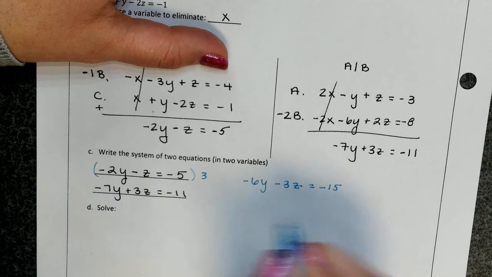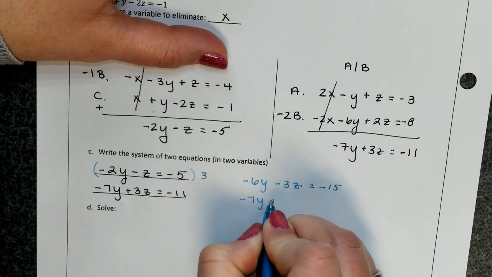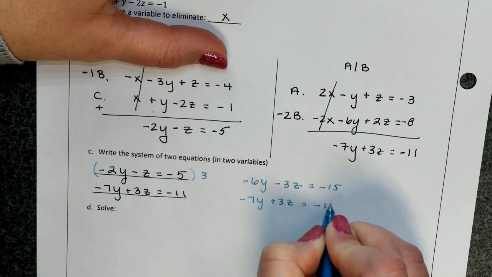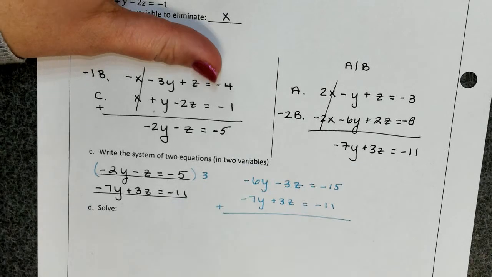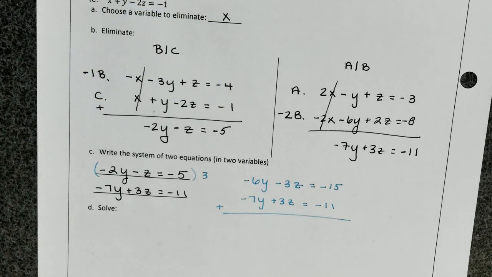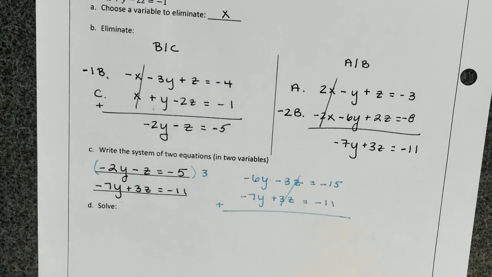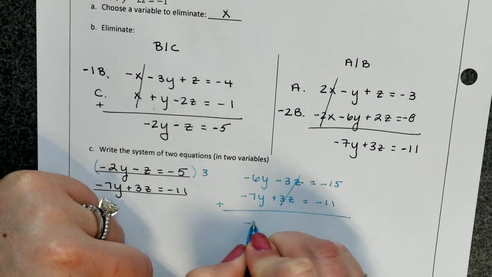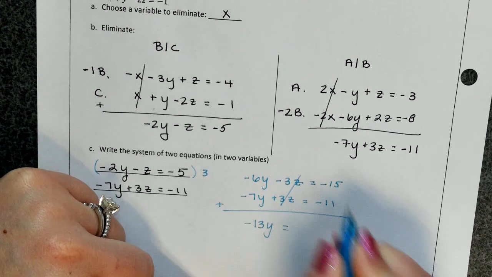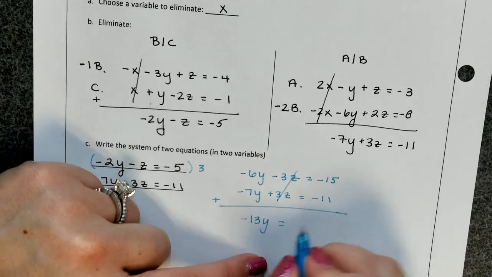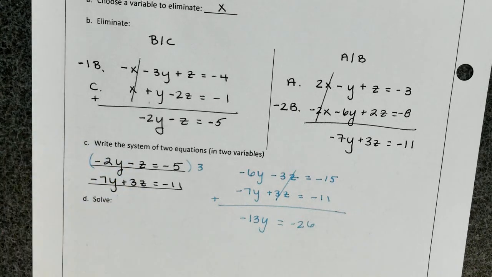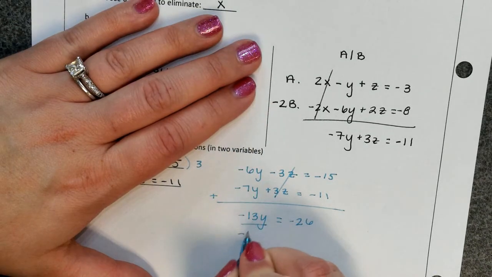If I leave the bottom one alone, the z's eliminate. I end up with negative 13y equals negative 26. What does y have to be? 2. Divide both sides by negative 13.